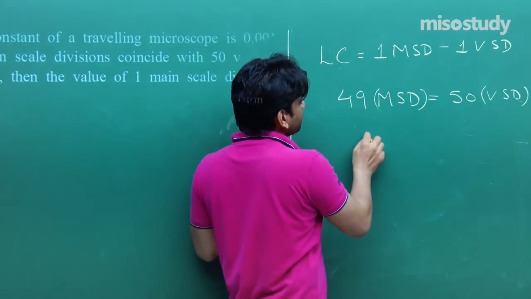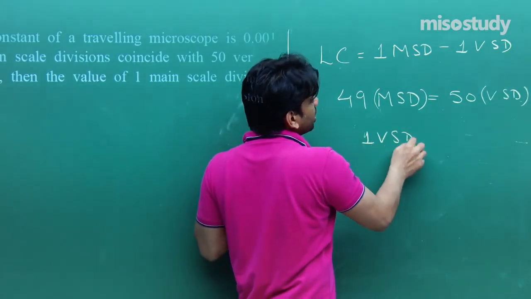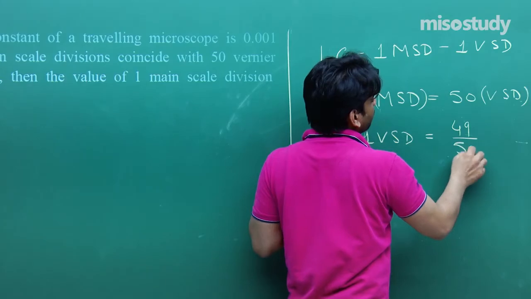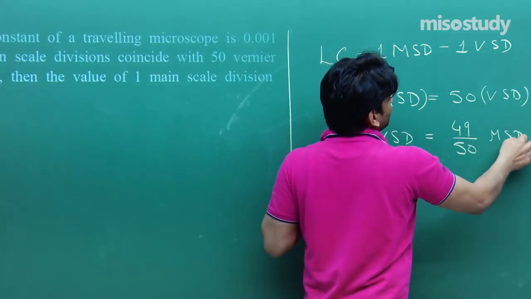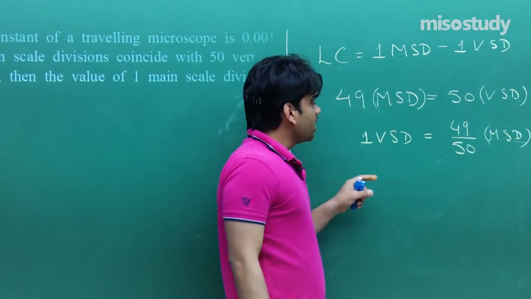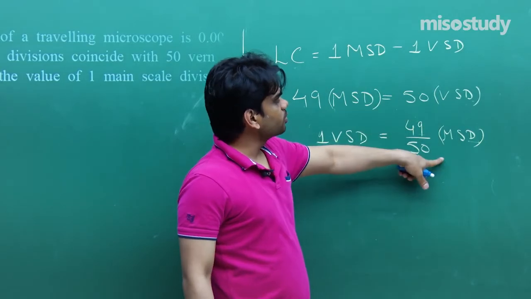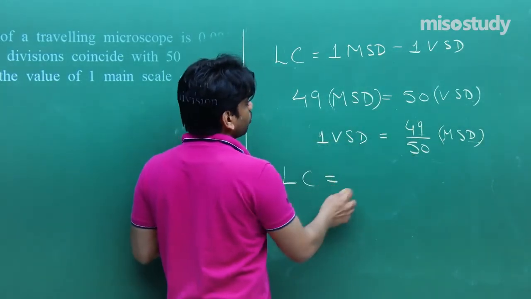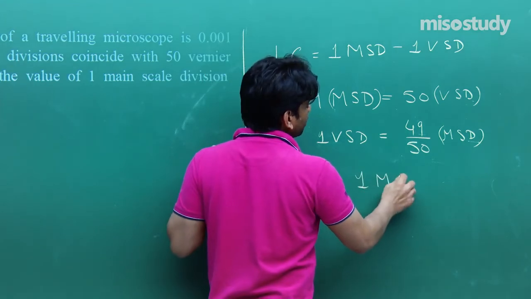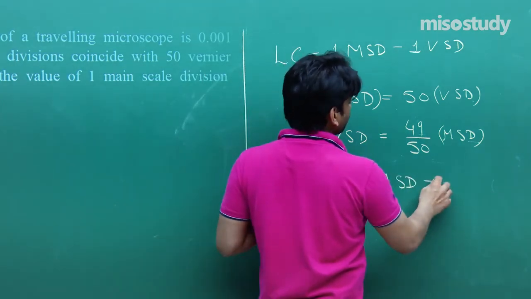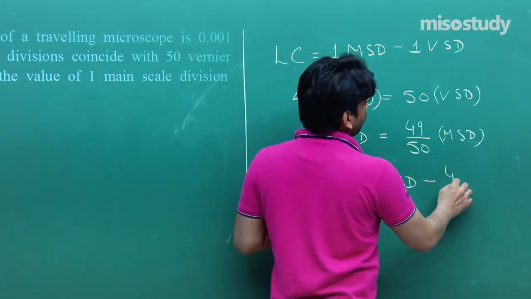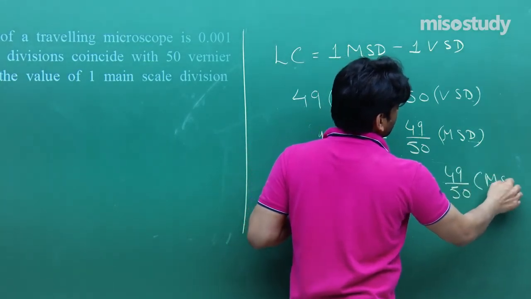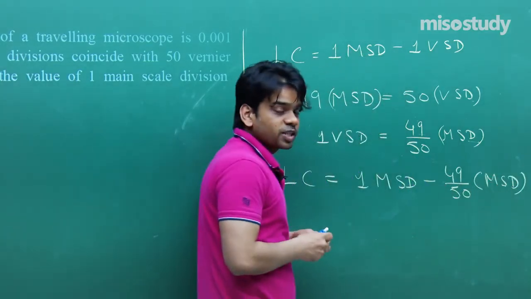From here you can write 1 Vernier scale division is equal to 49 by 50 main scale division. Can we express VSD here in terms of MSD? So least count is equal to 1 main scale division minus 1 Vernier scale division, that is 1 MSD minus 49 by 50 MSD.